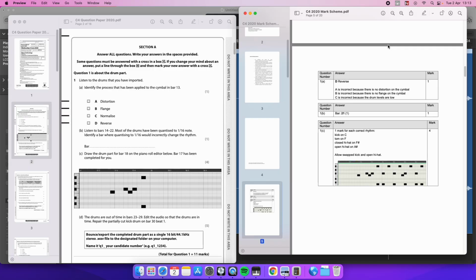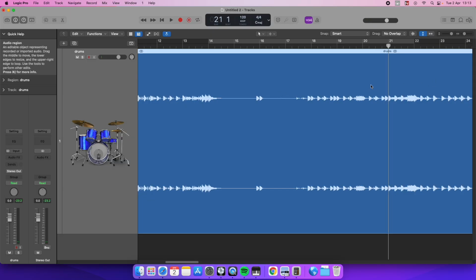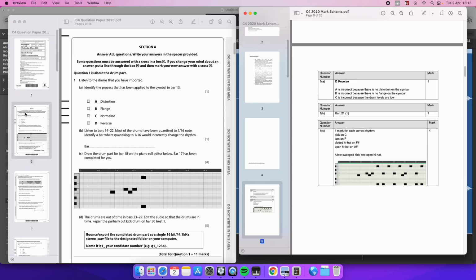Yeah, it's pretty fast. So 16th notes would lengthen the note values to something more like what you would see here at the end of bar 19 into 20. There's our 16th note value.